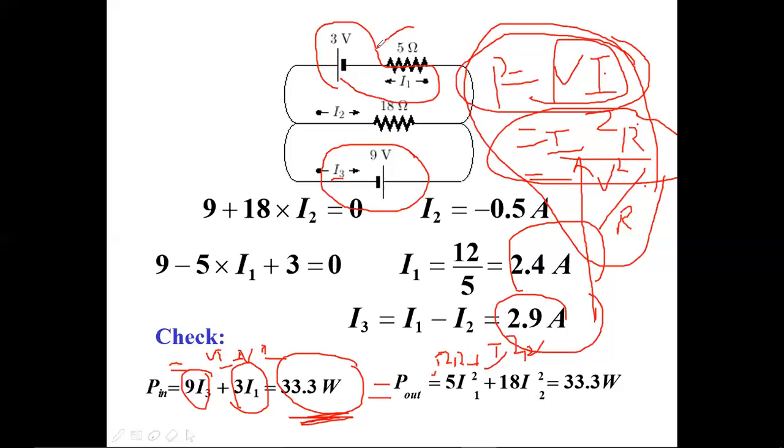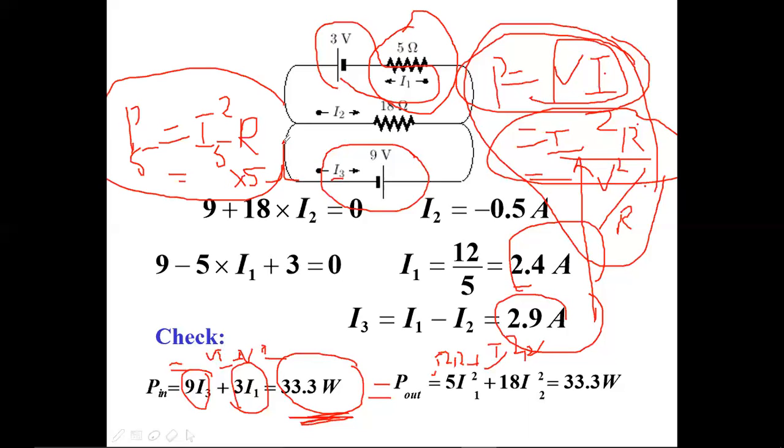For finding power at 5 ohms, what is the formula? P5 is equal to I square R. Current flowing through this 5 ohms is 2.4, whole square, into the resistance 5 ohms.